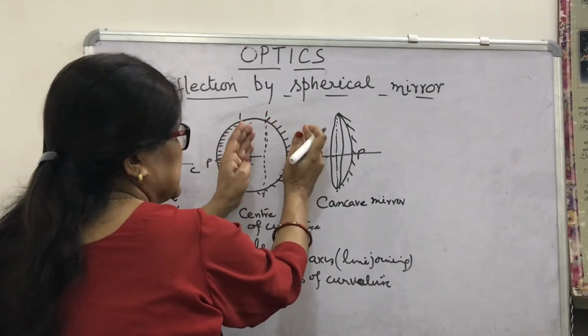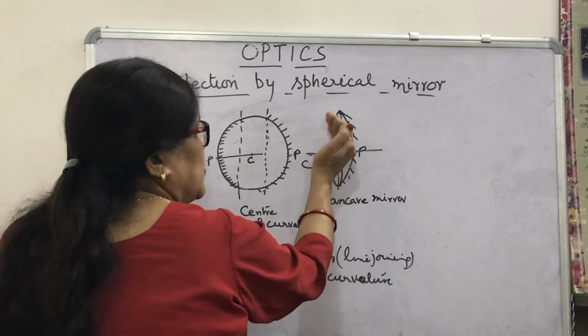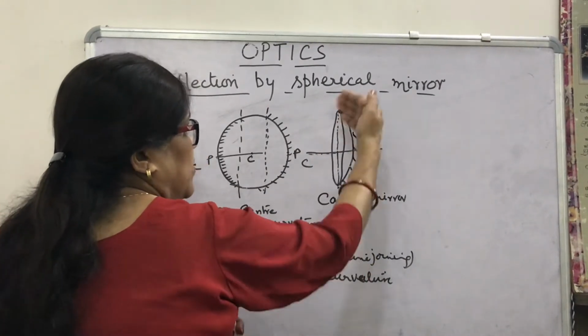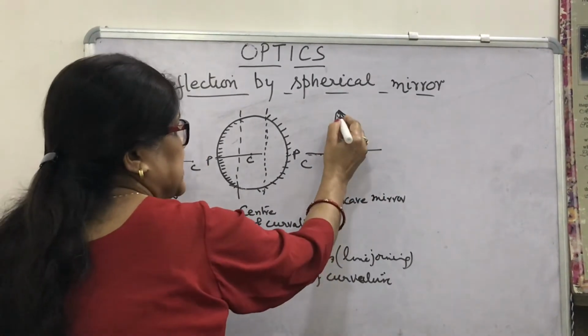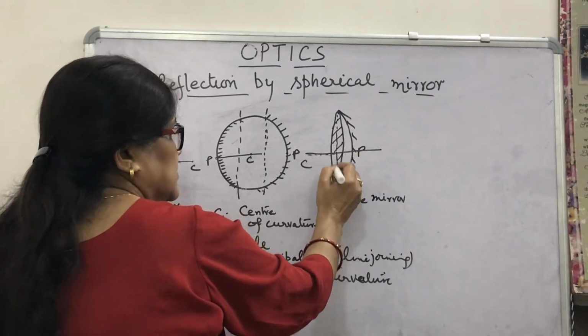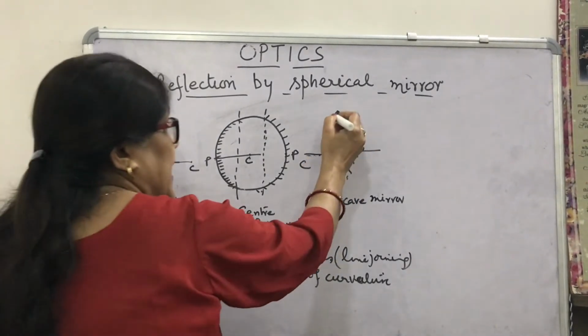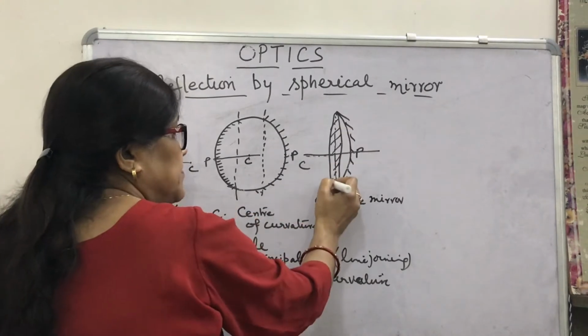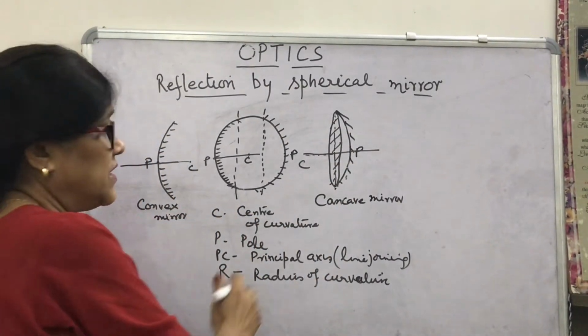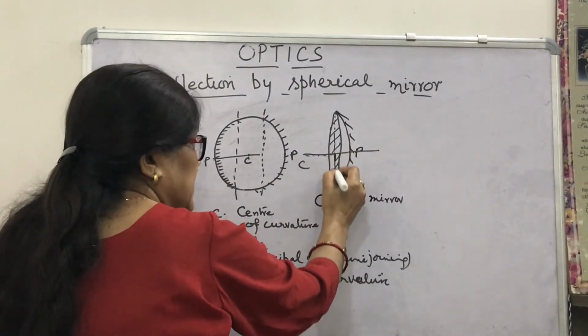When you cut this portion, you get a portion which is like a bowl or plate. Then this surface, the diameter of this reflecting surface, is called the aperture, and this is the radius of the aperture.